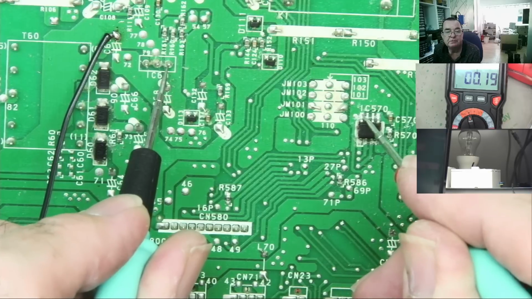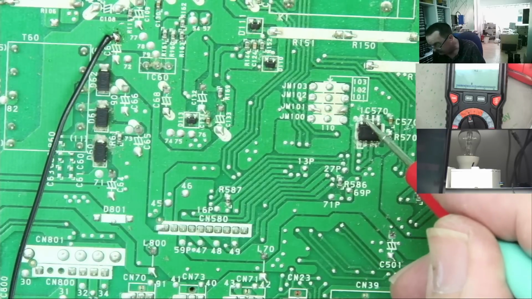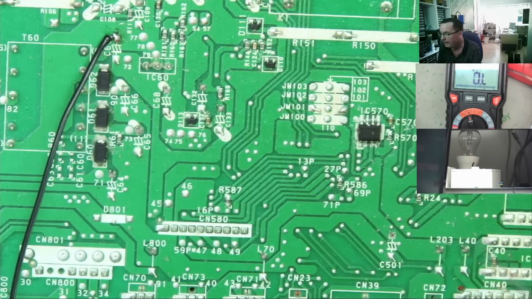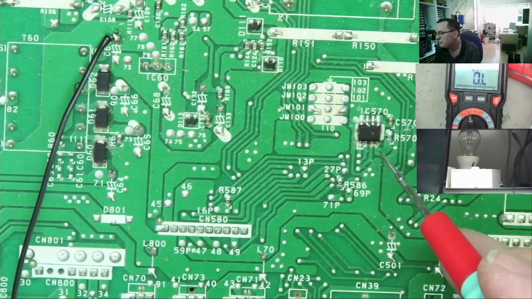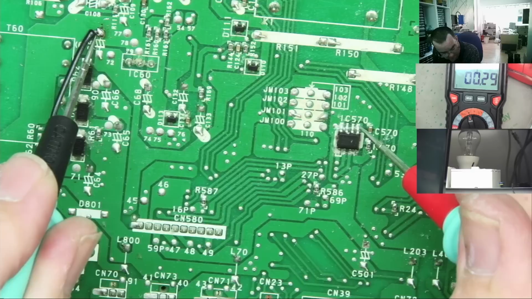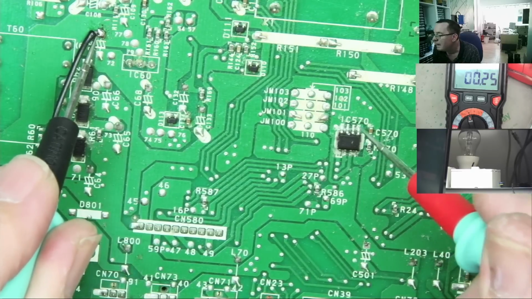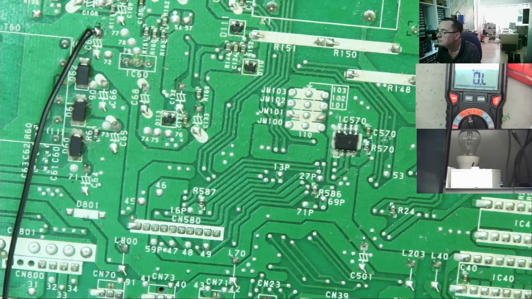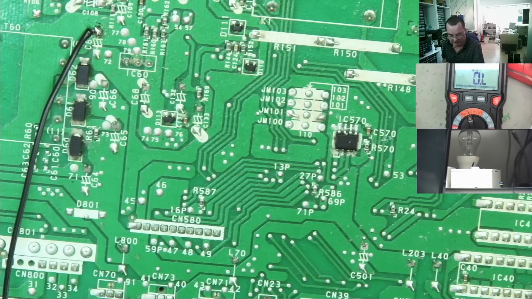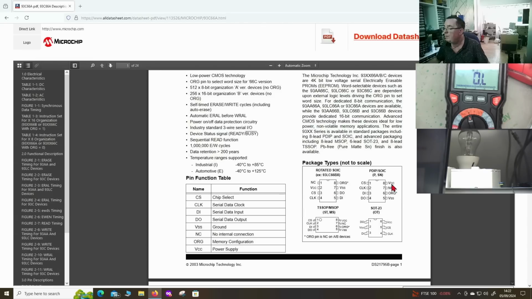That one goes directly to the output of the regulator, so that must be pin 8. So this is actually on pin 4. Yeah, this one is ground, so we have ground and power. So that's pins 5 and 8, which matches this pin out.